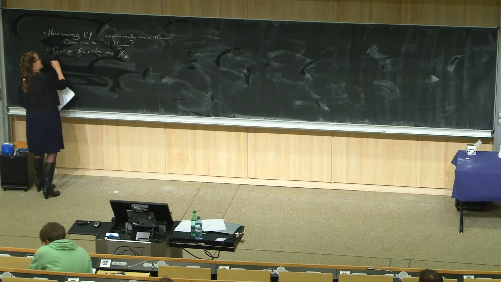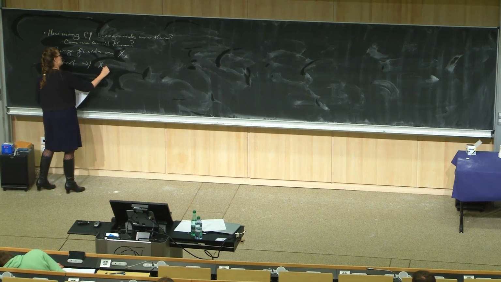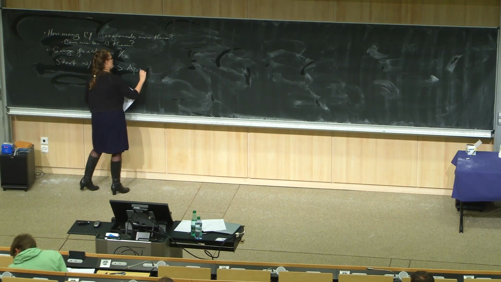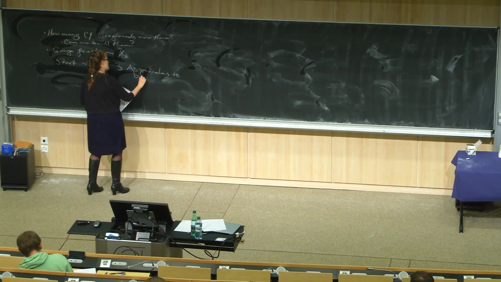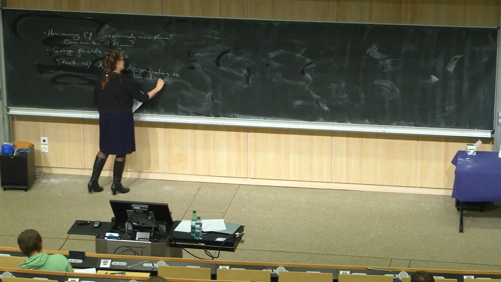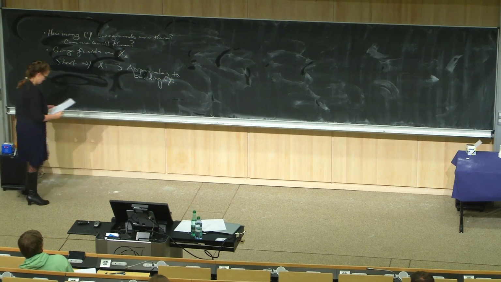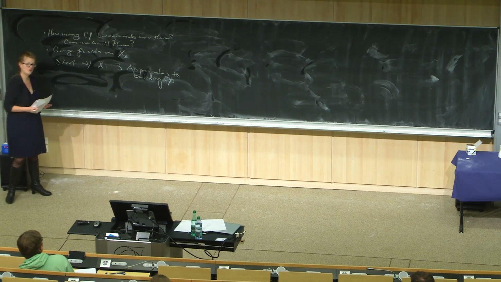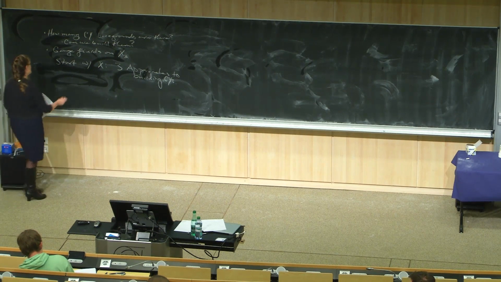So let's start with X, and there are going to be three approaches that people use to building Calabi-Yaus. Basically, almost all manifolds that are known are going to be built using one of the three that I'm about to describe.